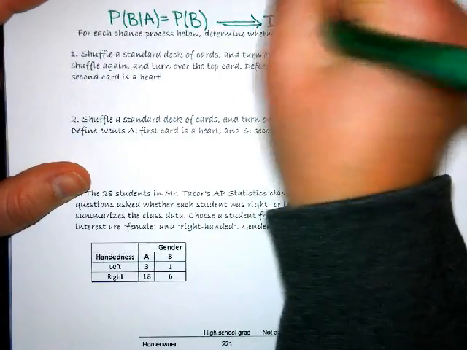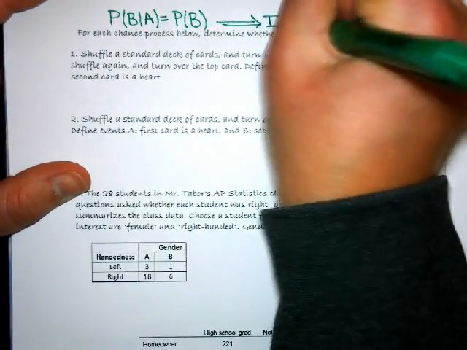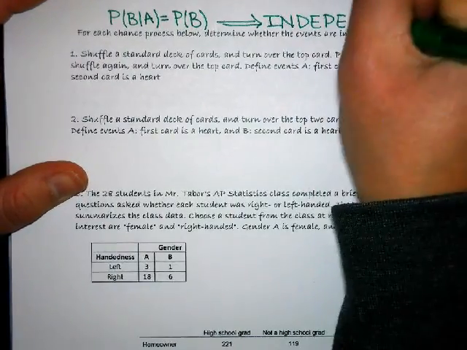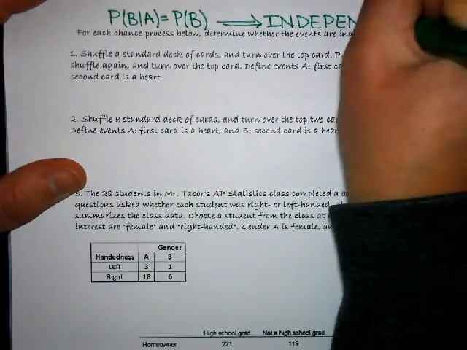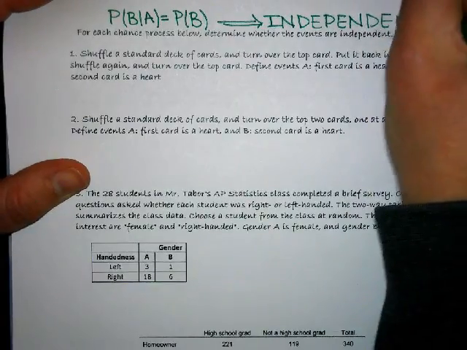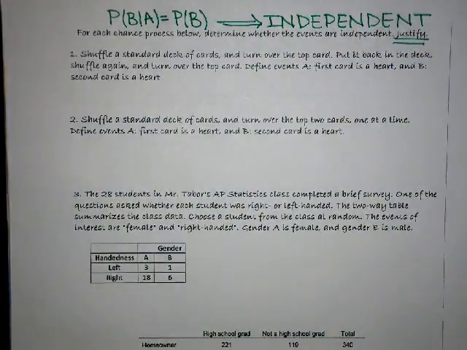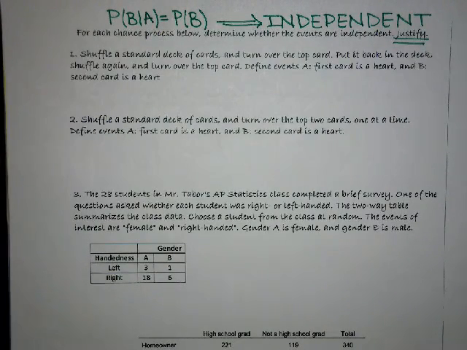If I can't show that, if they're not equal, then they're not independent. I suppose you could say dependent. Statistics is one of those weird things where we focus more on the negative, the contrary, not independent. We don't say dependent.